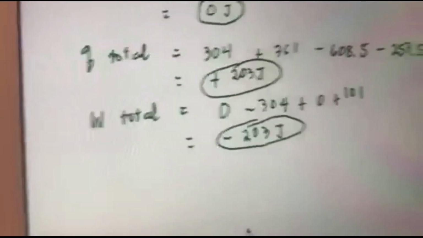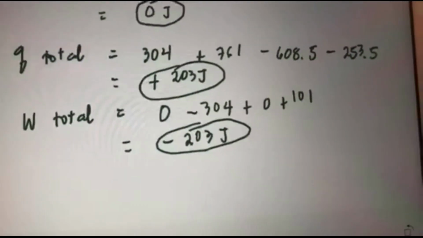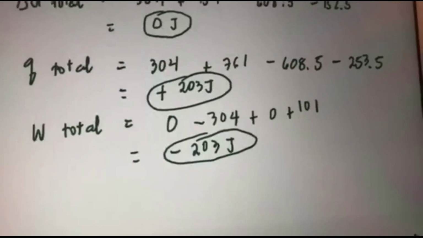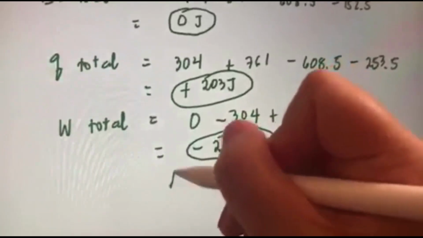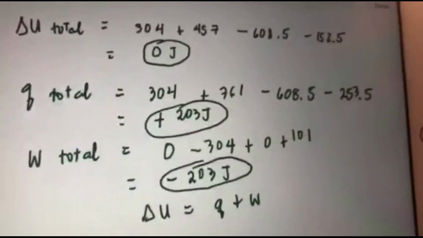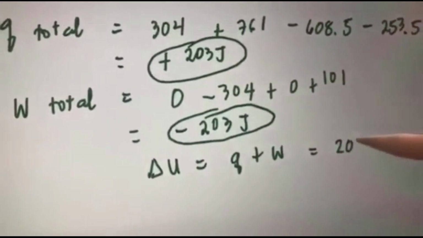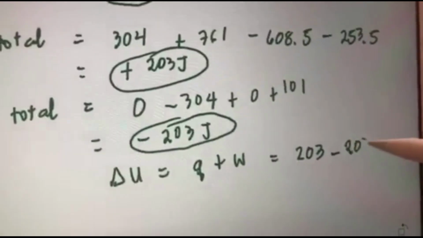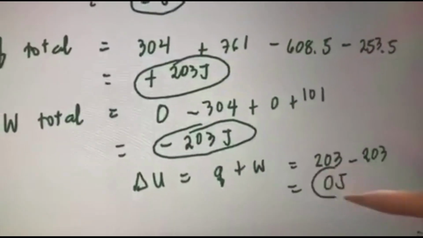Keep in mind that work and Q are path functions, so they are not equal to 0. But applying the first law of thermodynamics, delta U is equal to Q plus W, so this is equal to 203 minus 203, which equals 0 joule.